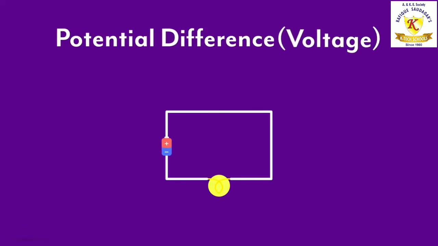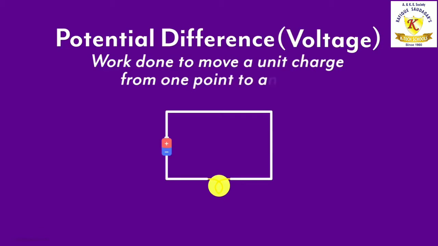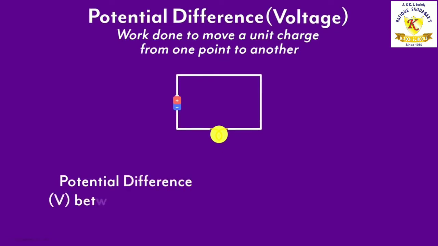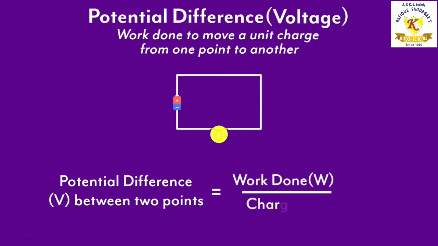Potential difference is also referred to as voltage. If we want the technical definition, we would say that it is the work done to move a unit charge from one point to another. The potential difference V between 2 points in an electric circuit is equal to the work done over the charge.